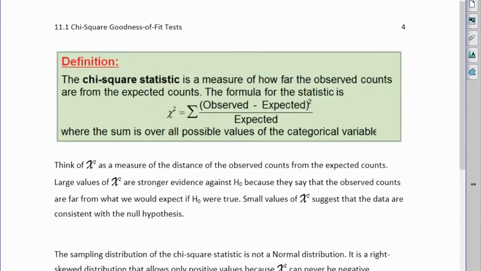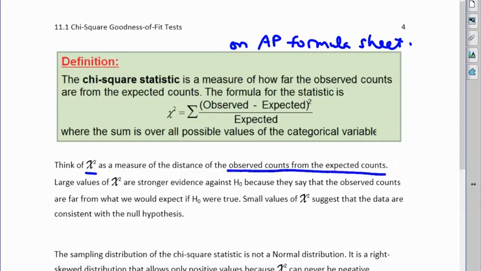Okay, and here's the chi-squared test statistic. This is on the formula sheet. And there's the formula. So think of your chi-squared as being the measure of the distance of your observed counts from expected counts, and then they've added them all up.